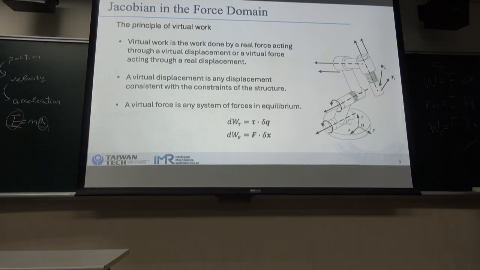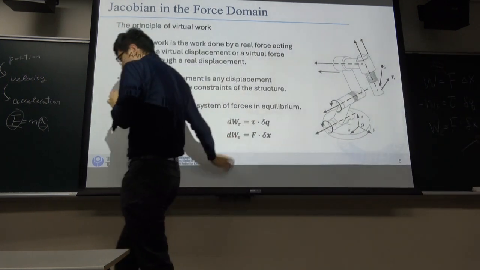In the opposite way, this torque is resisting this external force, and it moves delta Q or delta theta for this displacement. So the work done should be the same, in opposite direction, but the magnitude will be the same. So added together will be 0.